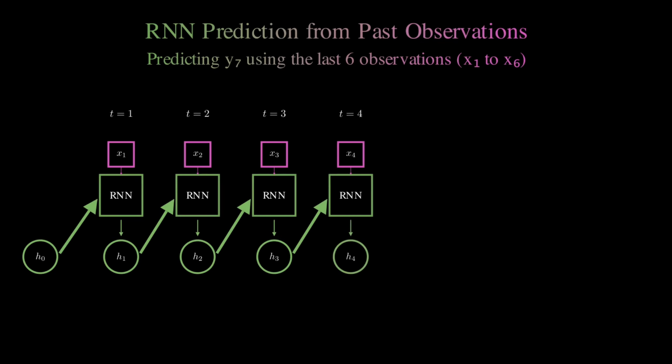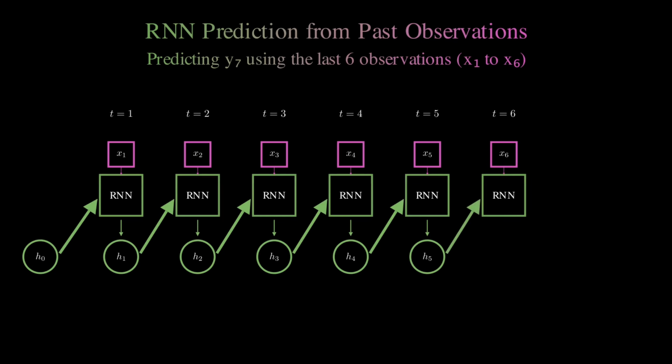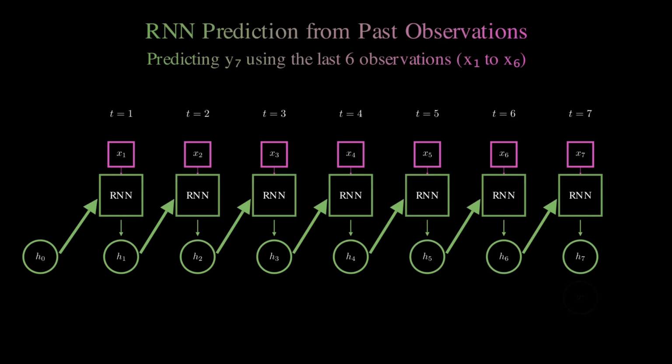So what's happening here is that we feed the model a sequence of inputs, one for each of the last 6 days, and only after the full context is processed does the model produce a single prediction at time step 7. This approach is common in time series forecasting, where we care less about intermediate output and more about a final informed estimate. And remember, we're assuming the model has already been trained with backpropagation, so it has learned how to make this prediction based on patterns it's seen in past data.